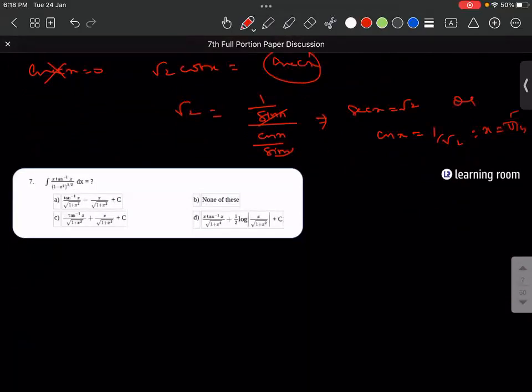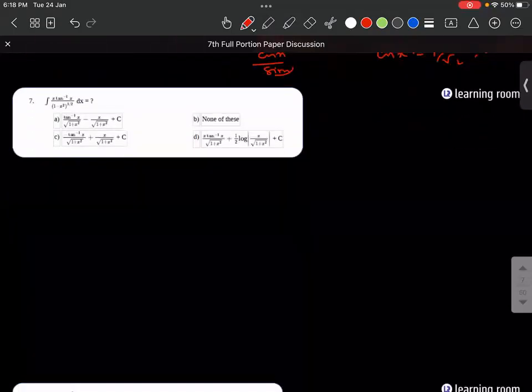Integral of x tan inverse of x by 1 minus x square. Answer. This question is wrong actually.